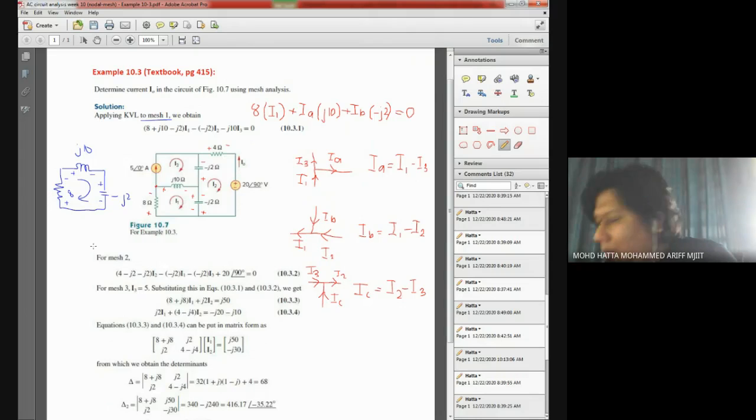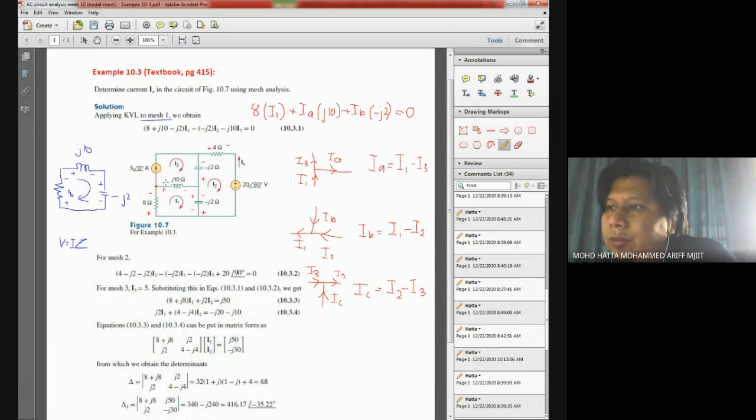In order for us to calculate the voltage drop, you know that voltage is given by V equals I times Z. Looking at the voltage drop, first we need to know the current flowing through this 8 ohm.